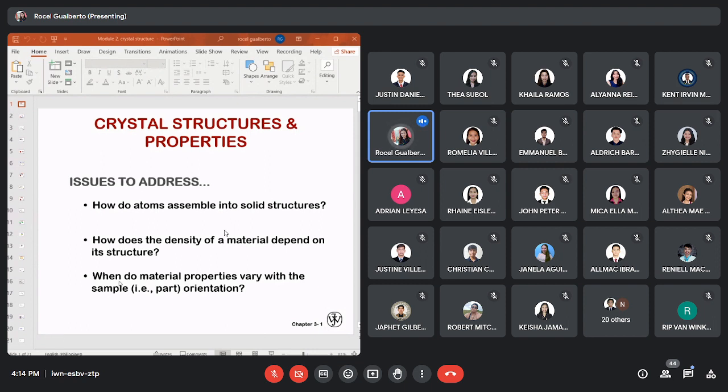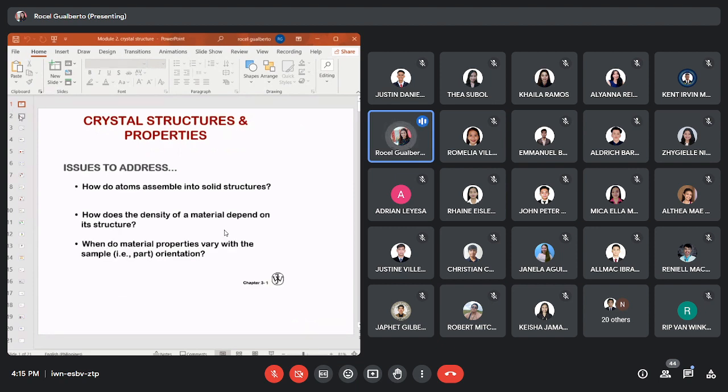And then last po, when do material properties vary with the sample orientation? Okay? So from the structure, paano po nababago yung property ng isang material? Okay? So all of these questions po will be addressed onto this module 2. Okay?